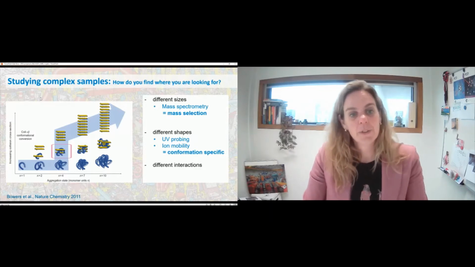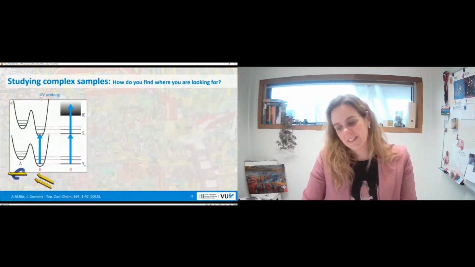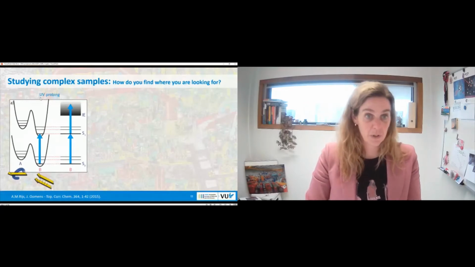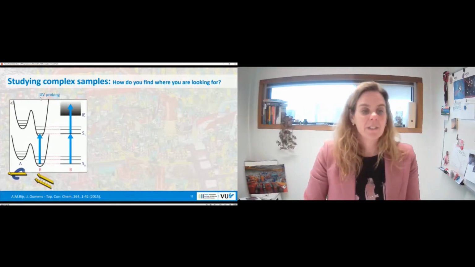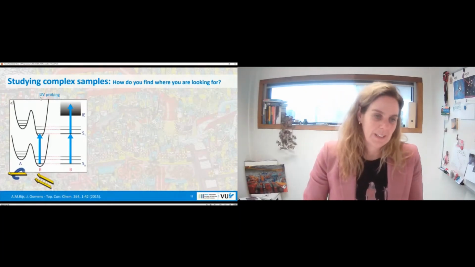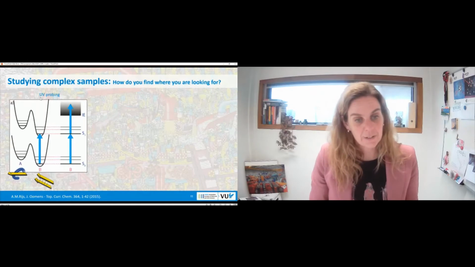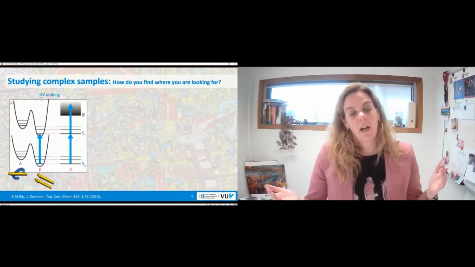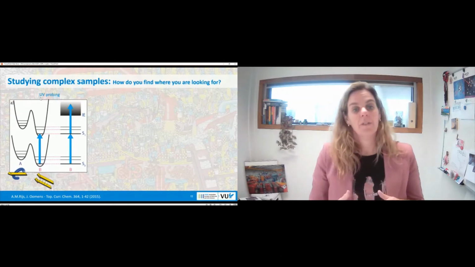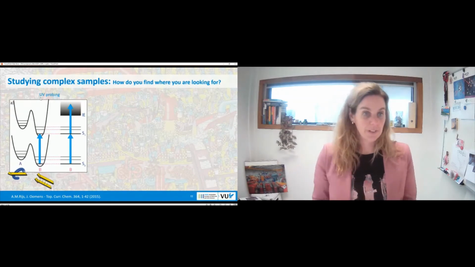So this is what we do. Very briefly on the different shape part, we have 2 ways. We can do UV probing. I will not go into a lot of detail, but when we are at cold temperatures, we have very high resolution in our UV signal.